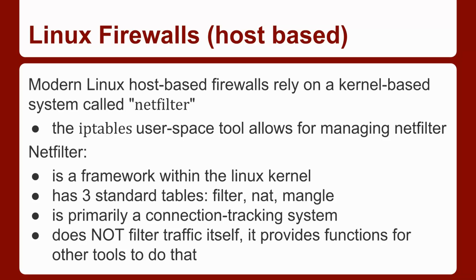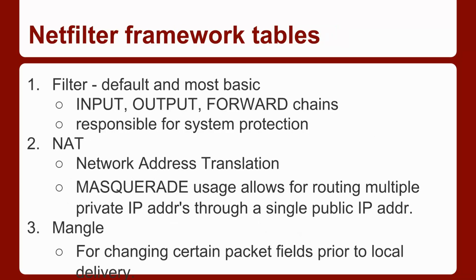So netfilter is really just a framework within the Linux kernel. It has 3 standard tables: filter, nat, and mangle. It is primarily just a connection tracking system, and it does not do any filtering itself. It just provides the framework to do it.